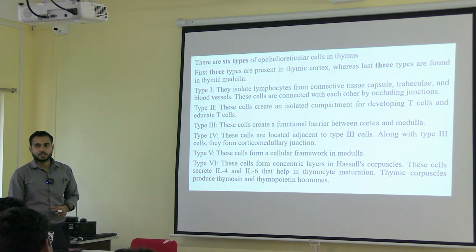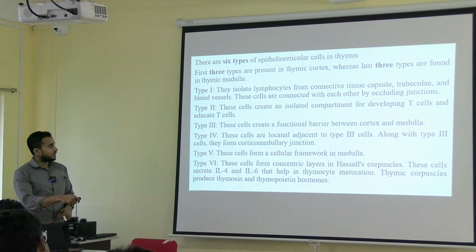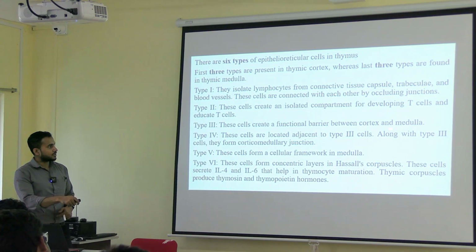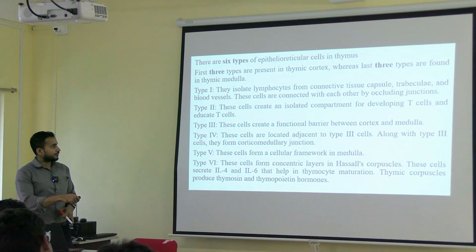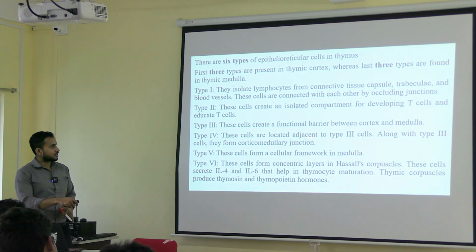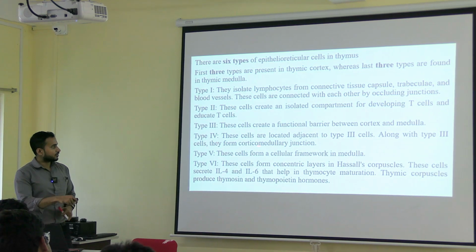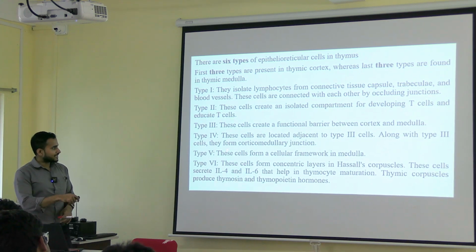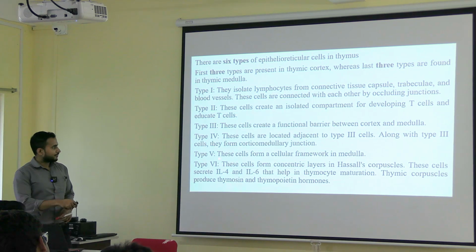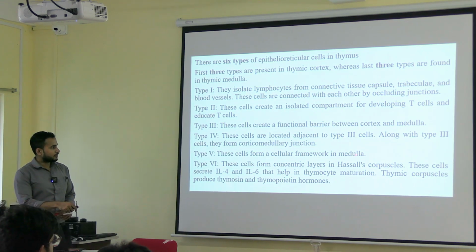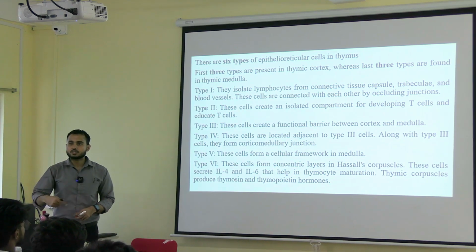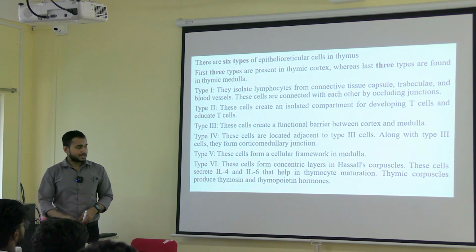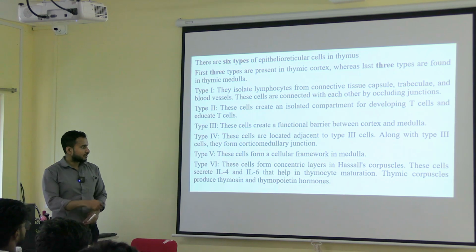Type 3 forms the functional barrier between the cortex and the medulla. Type 4 is adjacent to type 3, and along with type 3 forms the corticomedullary junction. From here onwards, all the cells are present in the medulla. Type 5 forms the cellular framework of the medulla, and type 6, as we have seen, is present around the Hassall's corpuscles and secretes IL-6 and IL-4.